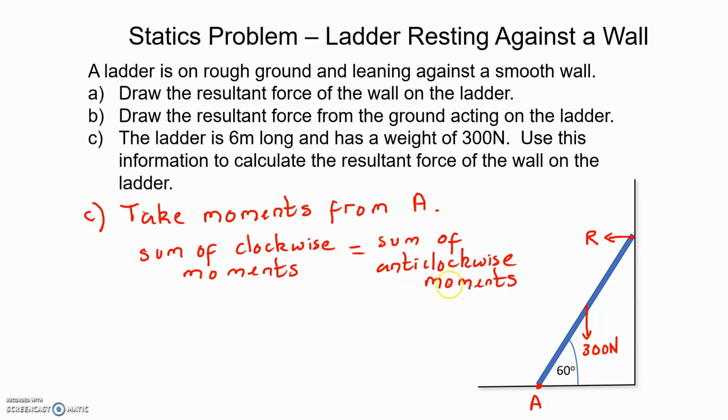So we've got the weight of the ladder, which is trying to turn the system in a clockwise direction, and moment is force times perpendicular distance from the pivot. The ladder is 6 meters long, so this distance here is 3 meters.